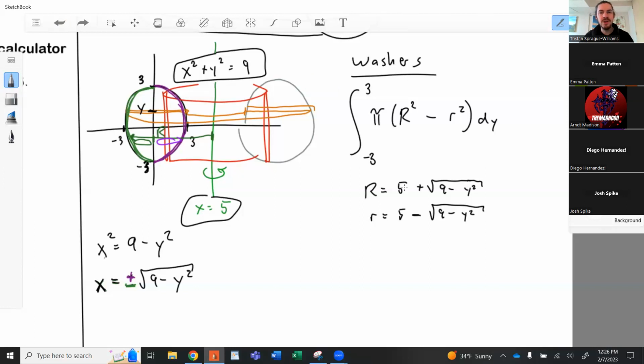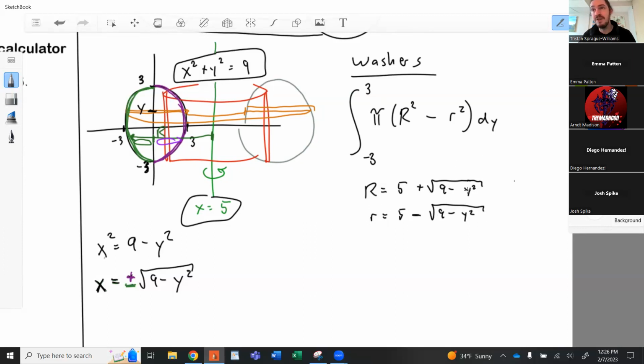Salman has a good question. How do you know which one to put for big R and which one to put for little r? In general, if you draw a picture, it can help, because you can ask which one is farther away, which one is going to give me bigger numbers. That's the big R, the larger radius. So 5 plus the square root of 9 minus y squared gives larger numbers, and 5 minus the square root of 9 minus y squared gives smaller numbers.